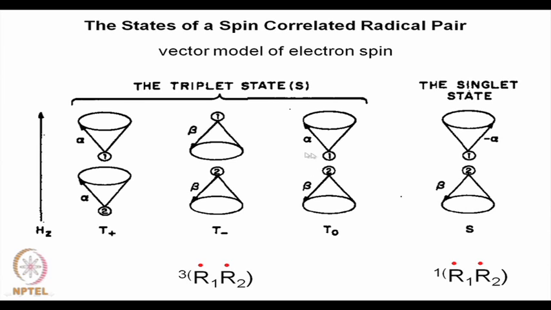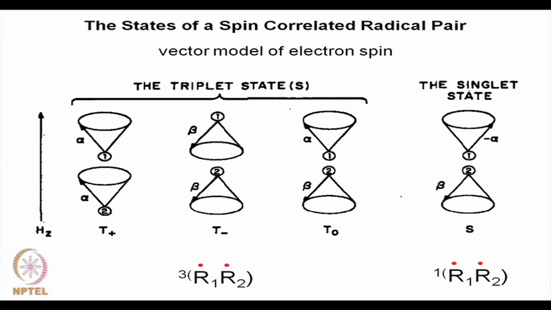When there is no external field, these can freely transfer from here to here, but how much it will transfer depends on how fast this state is transferred to that state. Sometimes it may be a very slow process, that singlet to triplet transition is slow even in the absence of an external field, but when a field is applied, the transition from singlet to triplet may get affected.